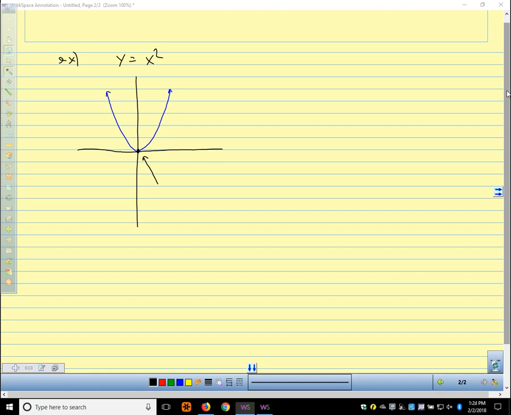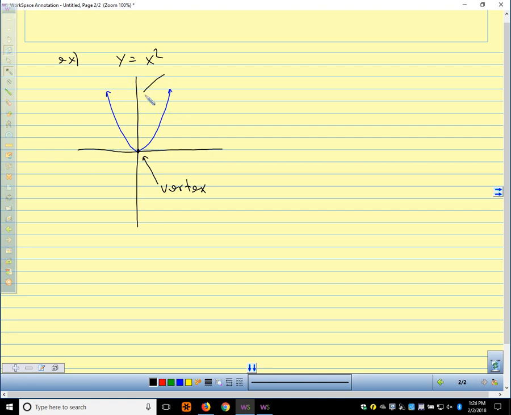All right. What do we call on the graph, not on our coordinate system, but on the graph, that point? The vertex. That point is the vertex.